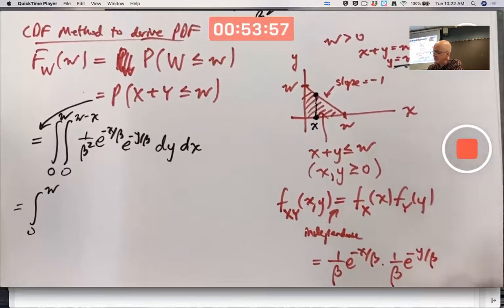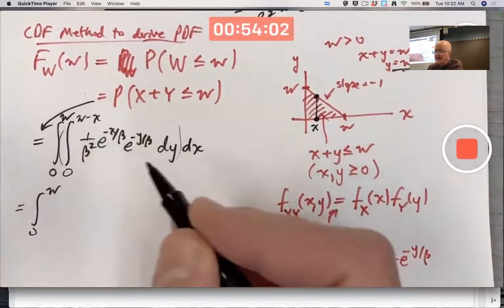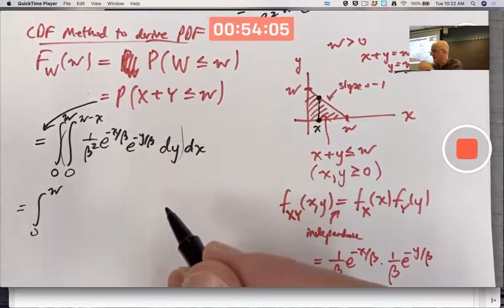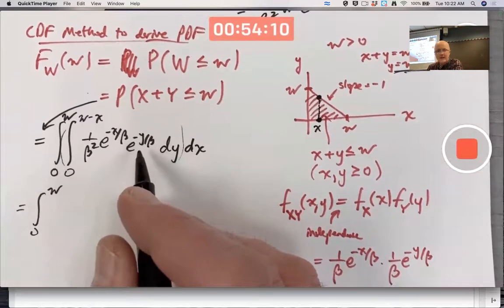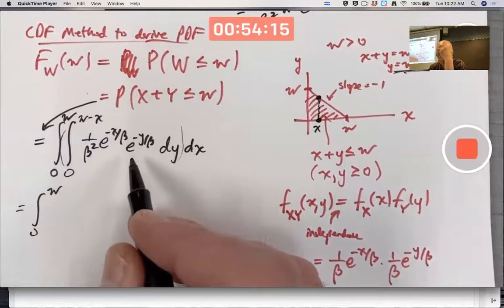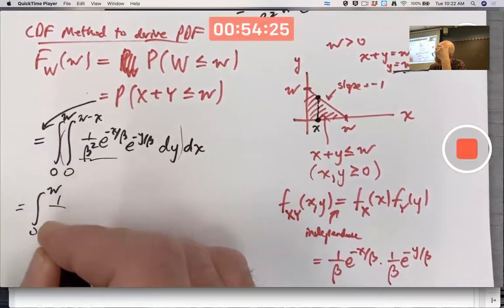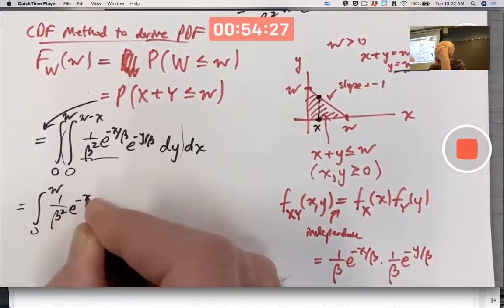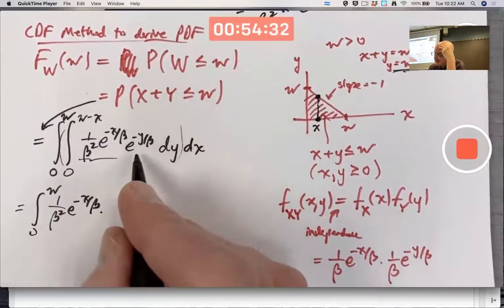So I'm going to integrate first with respect to y. The inner integral here is with respect to y. Treat beta as constant, treat w as constant, treat x as constant. Y is the only variable. So I've got to integrate e to the negative y over beta. Can I do that in my head? The antiderivative would give me an extra factor of negative beta. Let's leave this part as is: 1 over beta squared, e to the negative x over beta. That's just a constant. Integrate e to the negative y over beta.